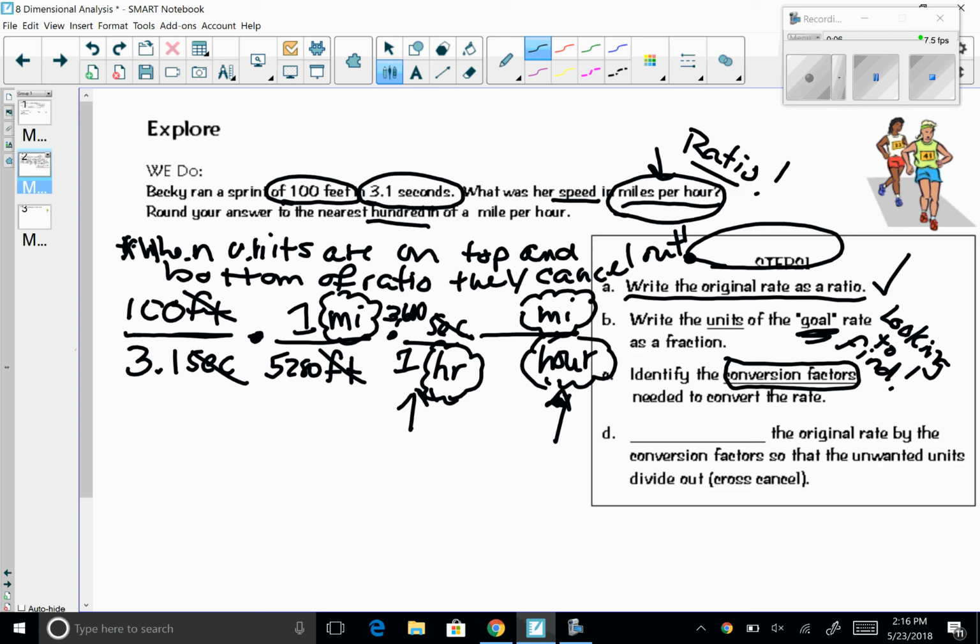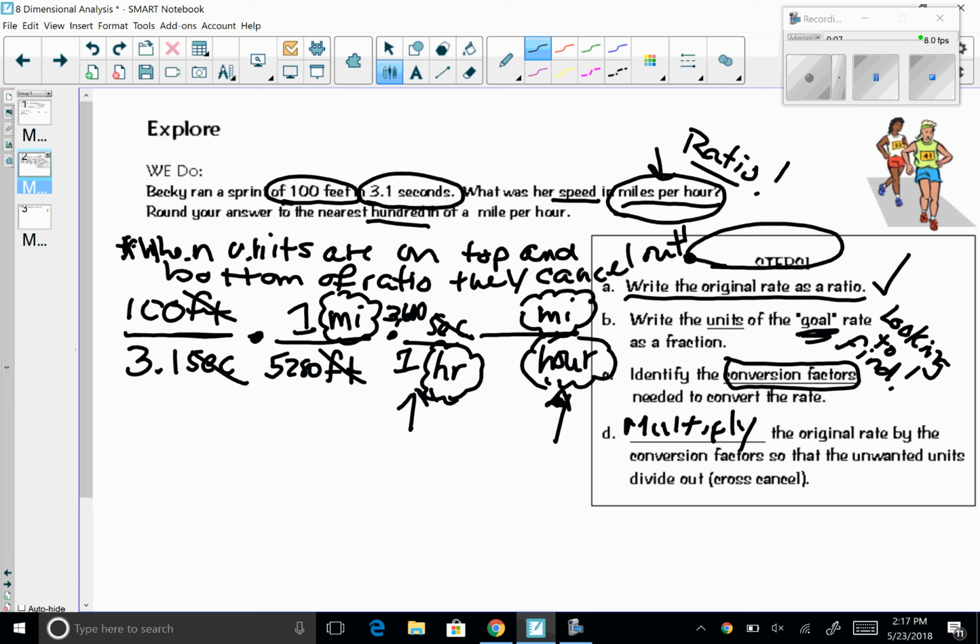Once you have the correct units in the correct spot, you are going to multiply the original rate by the conversion factors that you have.